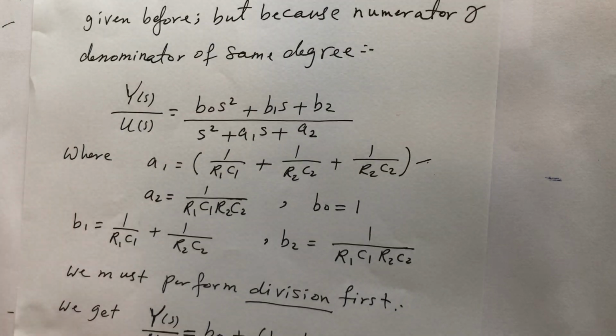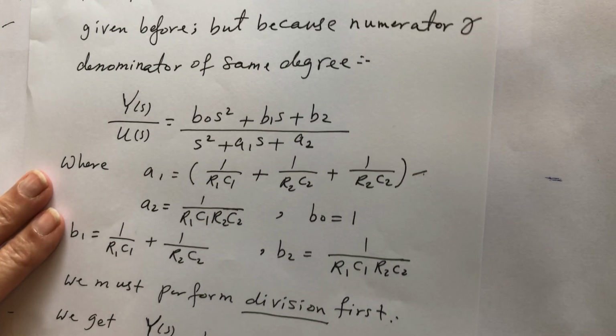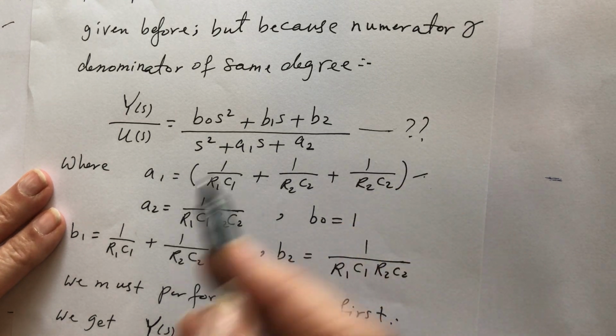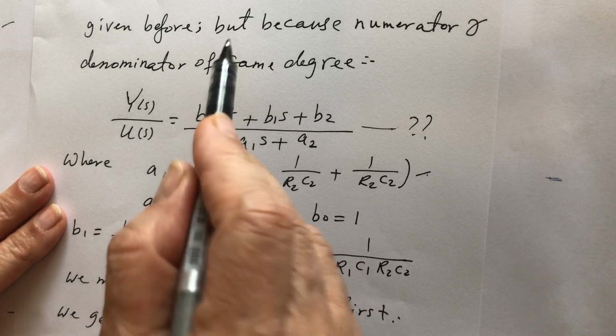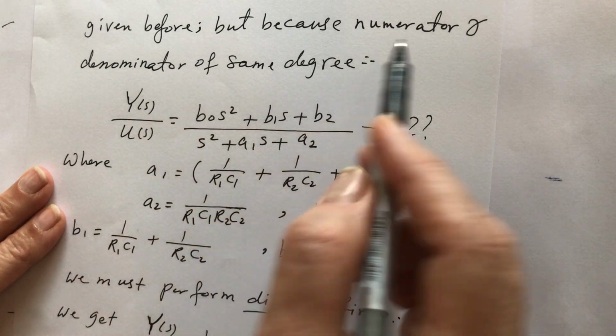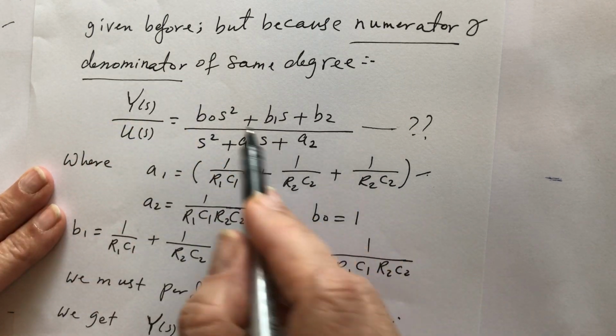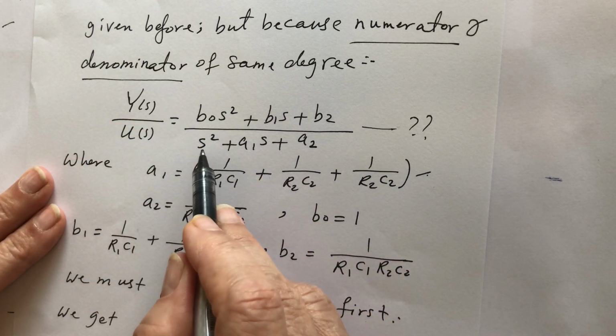Now notice this. We have the numerator of the same degree. So I have S square here and S square here.